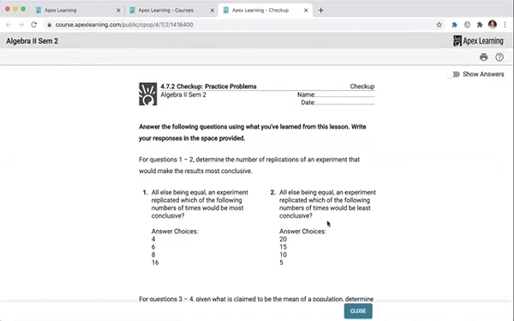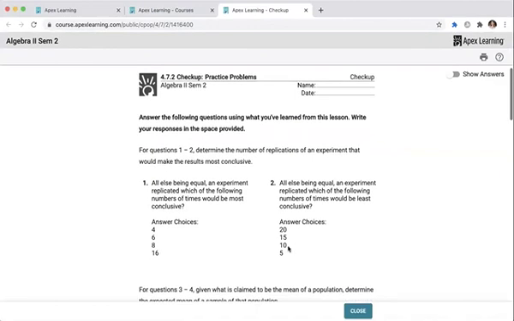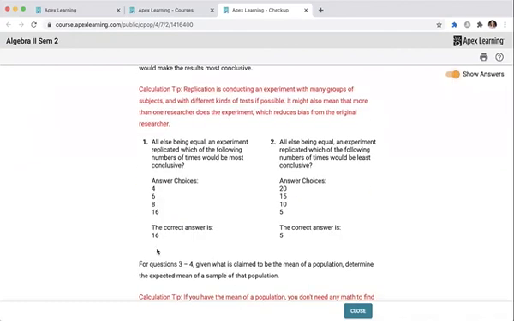Okay. Looking forward here with our checkup, of course, it's going to be a lot of questions based on how we could make this better. Something I want to point out here is it's asking what would be the most and the least conclusive.